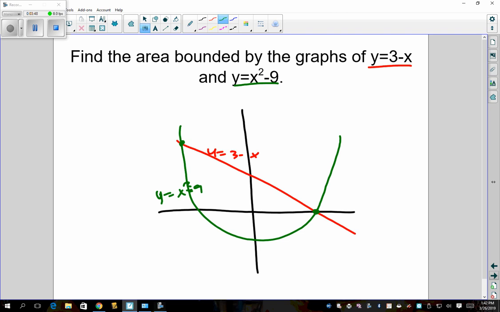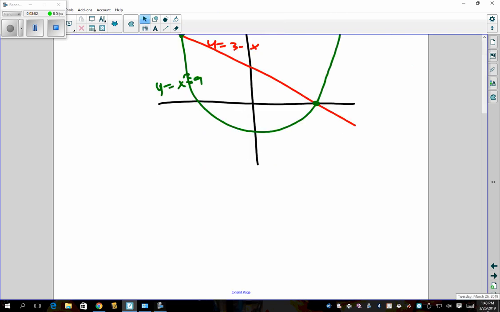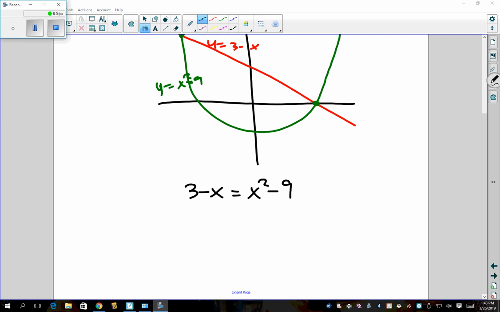And so before we can solve the integral, we need to find those bounds. We're going to set 3 minus x equal to x squared minus 9, and that is going to help us find our two bounds.